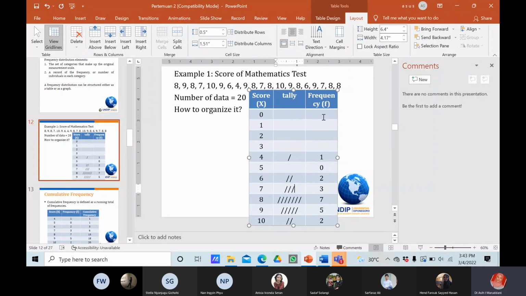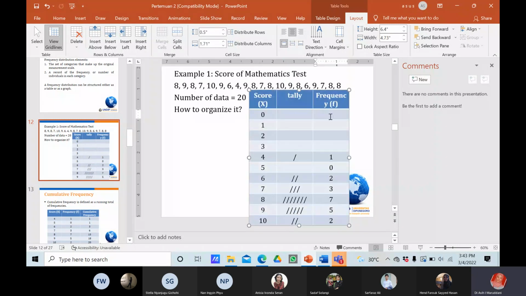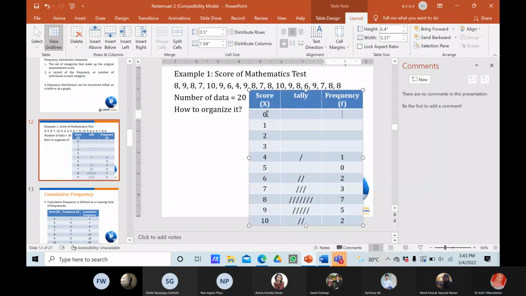Then you write the frequency of each score in the last column. No one got score 0, no one got score 1, no one got score 2, no one got score 3.